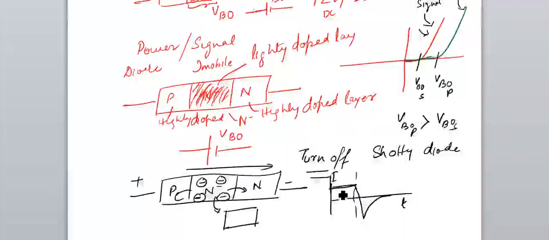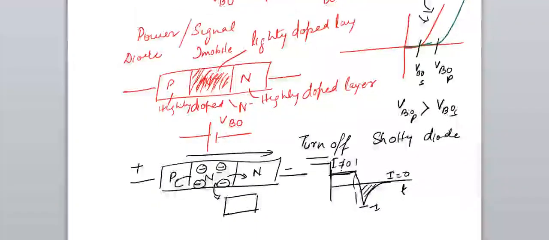Here the current is zero, here the current is a finite non-zero value. We are going from on to off condition. This is the amount of recovery, where there is a negative current because of the charges accumulated in this layer. Once these charges are nullified, you will get current equal to zero.